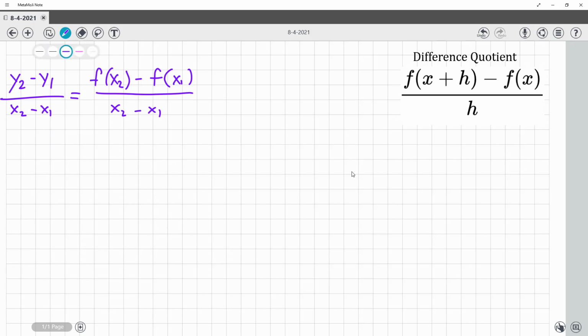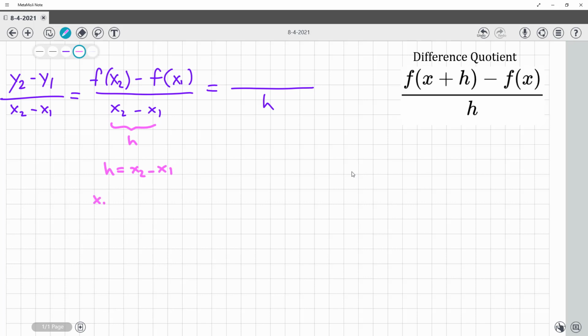Well, let's say I want to call that piece h. All right, so you can kind of already see the h at the bottom. And I know you're like, why do you want to call it h? You'll see. If I call this h, so h equals x2 minus x1, notice I could solve this for x2.